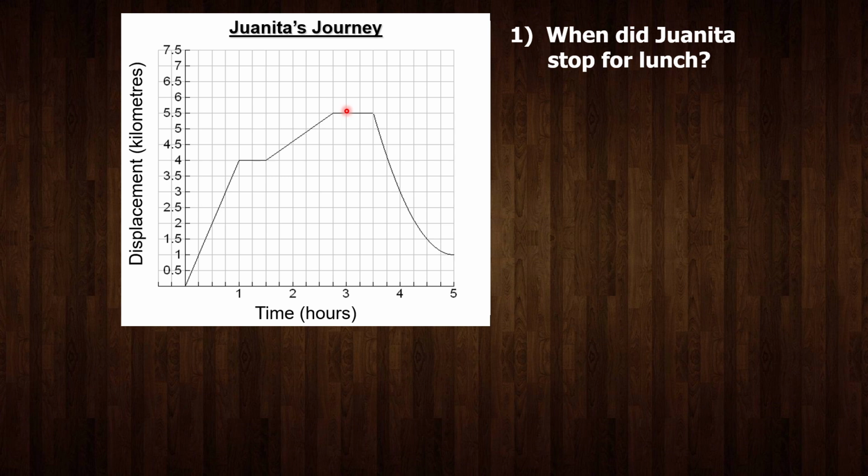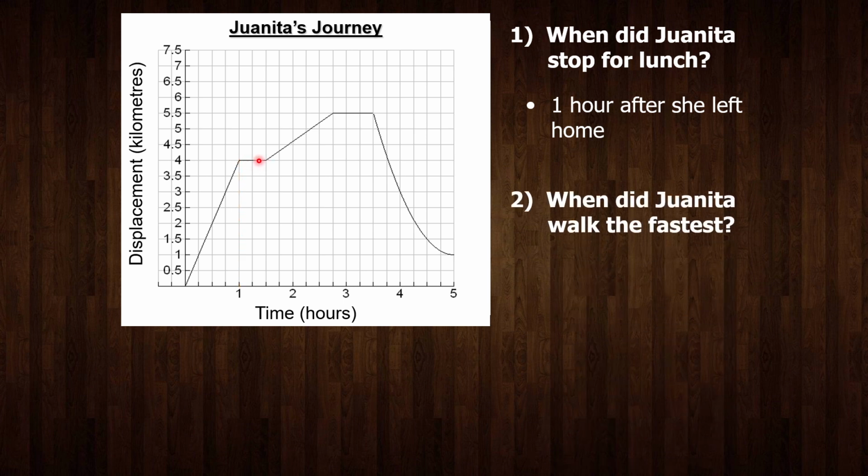Now remember, she stopped twice, once for lunch and once to watch a movie. So this one must be where she stopped for lunch, and this must be where she stopped to watch the movie. So right here, we could say that 1 hour after leaving home is when she stopped for lunch. And once again, that's because the displacement is constant there. It's staying at 4 for half an hour.